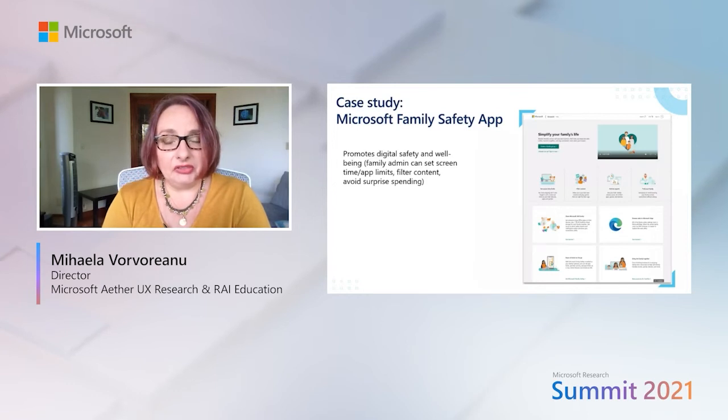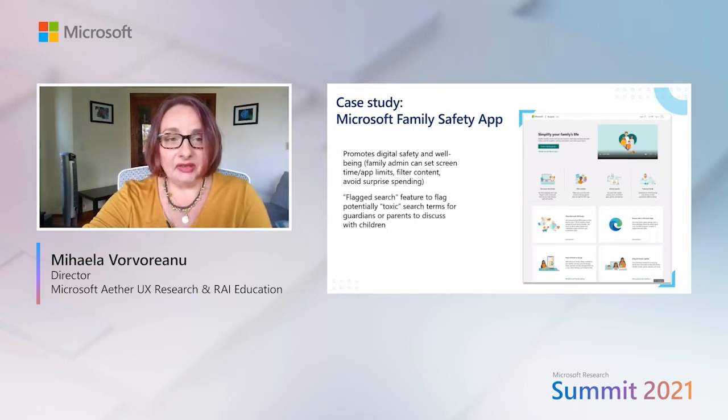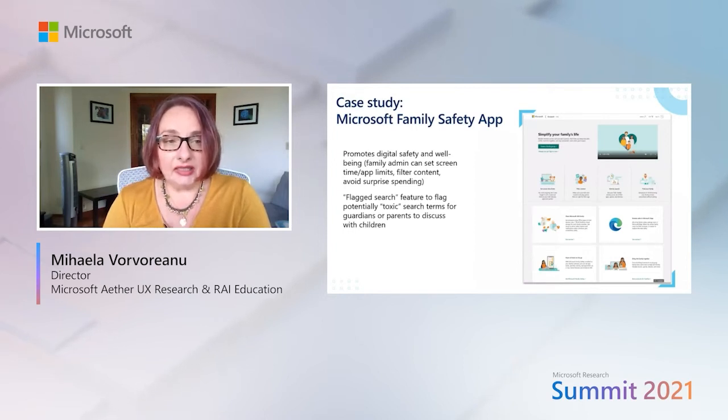This is part of modern life experiences, and this particular app is meant to promote digital safety and well-being in the sense that there's a family admin who can set limits for browsing, for apps, can filter content, and avoid surprise spending. The app has a feature called now Flagged Search that flags potentially toxic search terms so that parents or guardians can discuss these searches with their children.